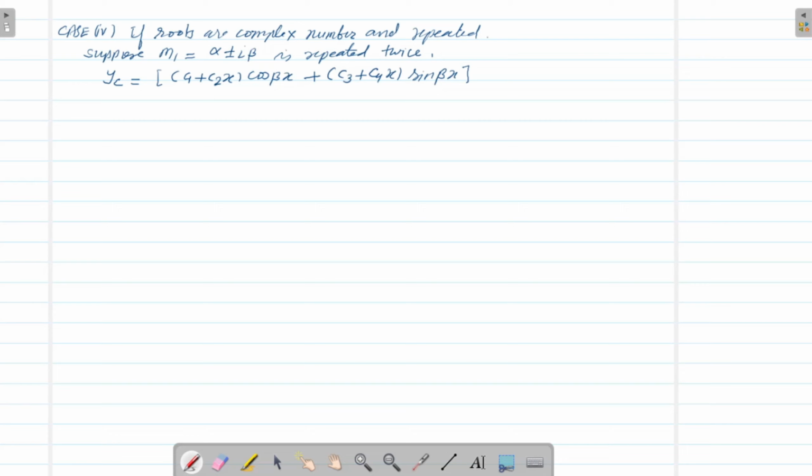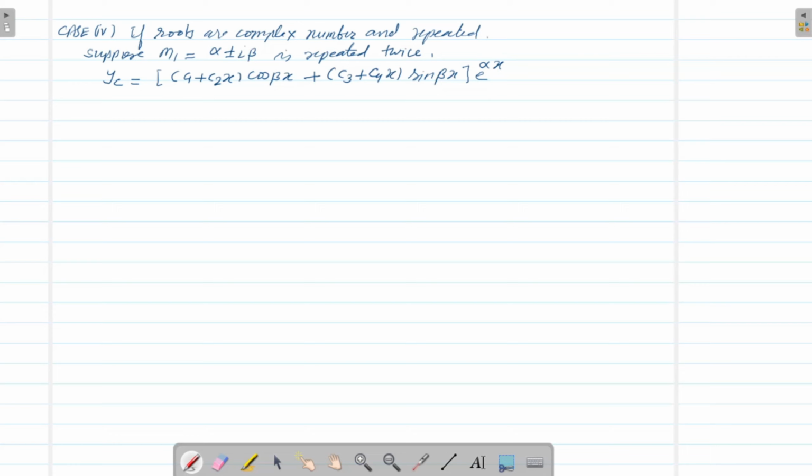This is for the imaginary part, and into e raised to alpha x, where alpha is the real part. So this is your required complementary function if m1 is repeated twice.